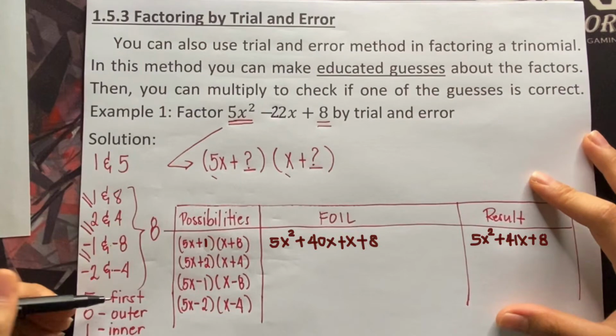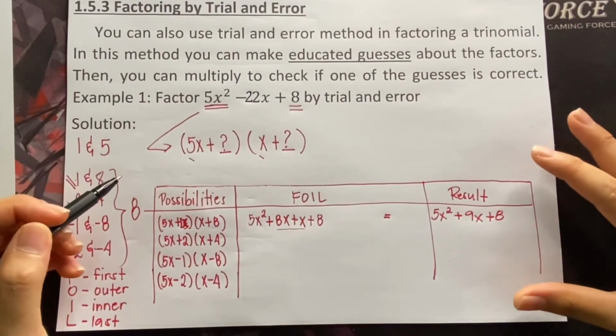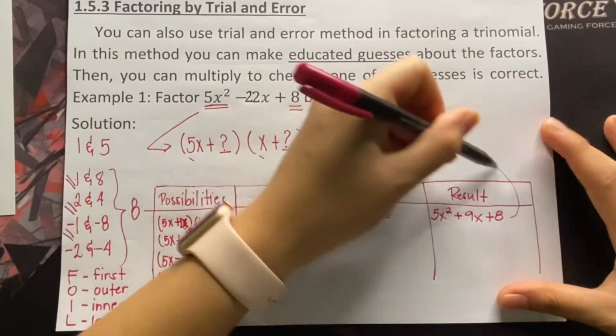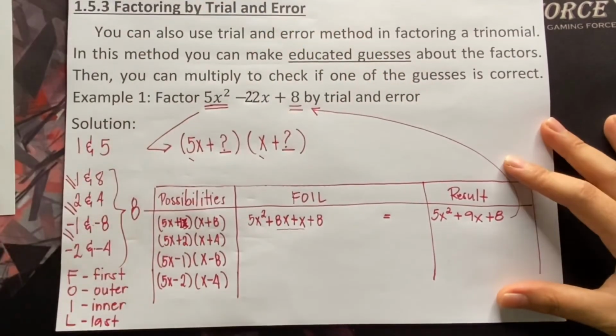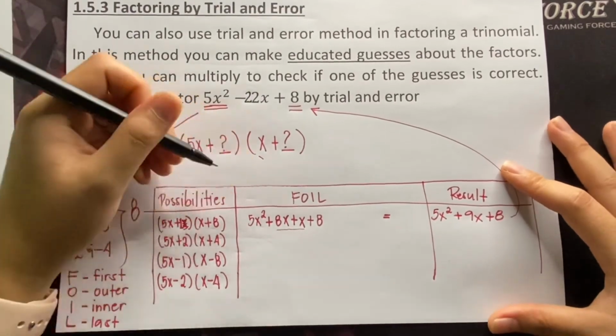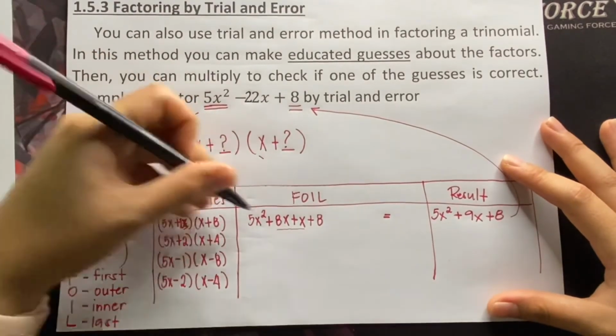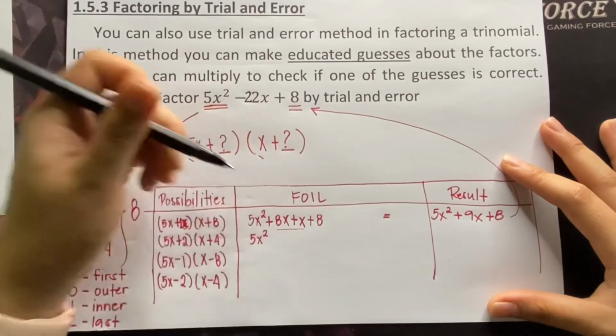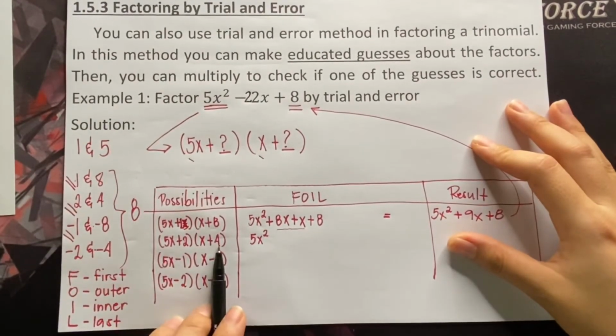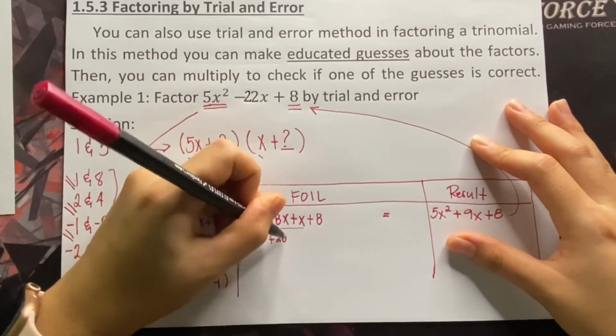Sa picture na to, makikita nyo ang tamang FOIL method at result ng unang possibility. So, ayan, pag-aralan nyo rin. For the first possibility, hindi siya nag-satisfy doon sa given. So, move forward tayo sa second possibility. 5x squared, outer terms, 5x times 4 plus 20x.